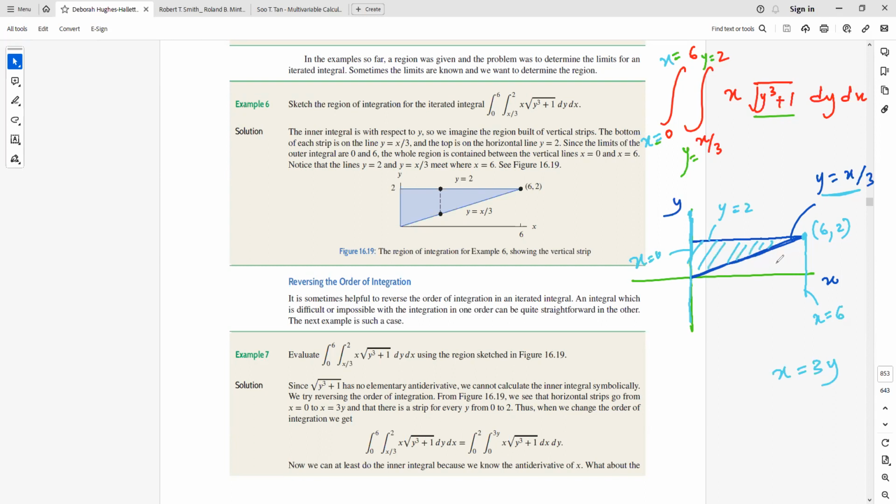Because now this region is bounded by all these curves, right? And now I can work with this region.